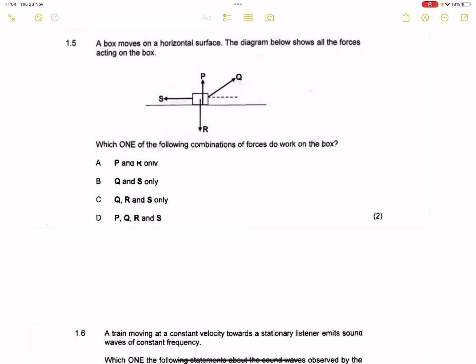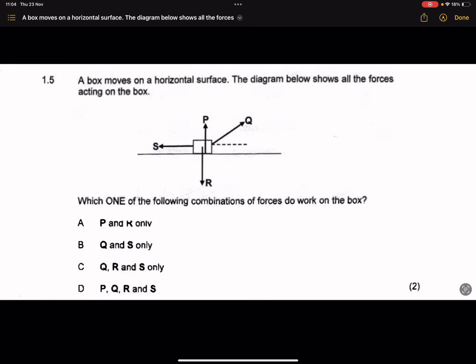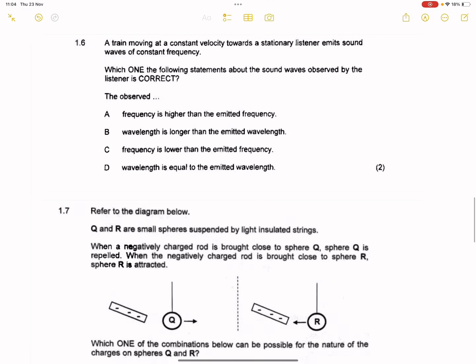That would be Q and S, because remember the normal force, which is P and R in this case, the box does not move vertically, right? So there's no work done there. So it would definitely be Q and S. Okay, so our answer there should be B. Okay, I hope that makes sense.